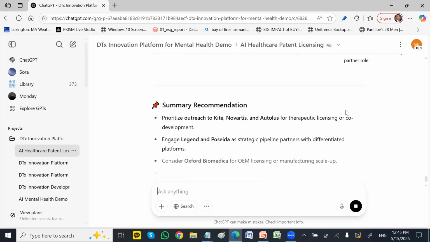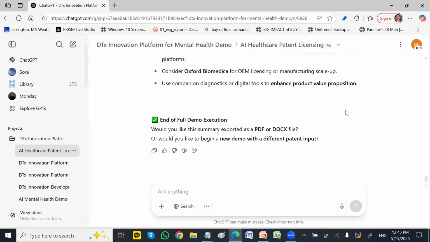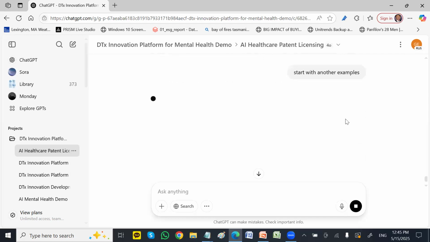It gives you a summary recommendation about your out-licensing strategy. So it's done, right? So for example, you can start over if you want other examples, and then it will start over.